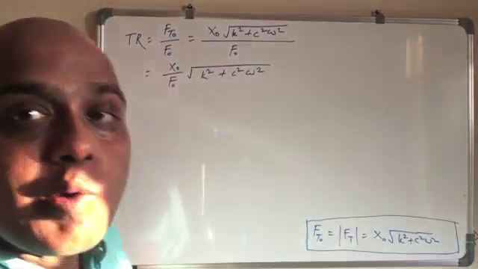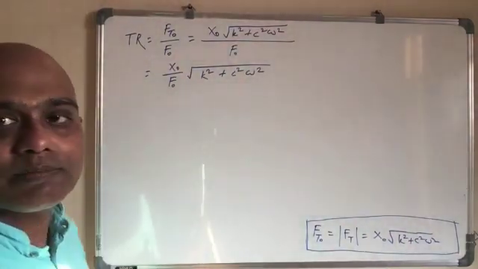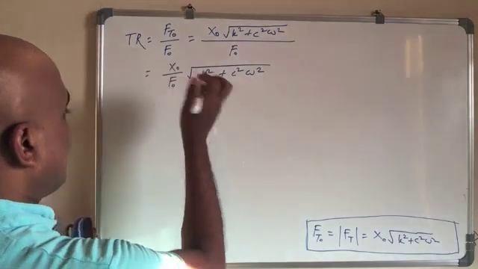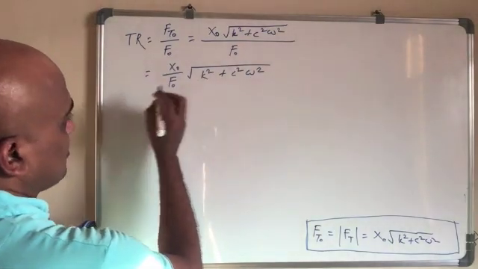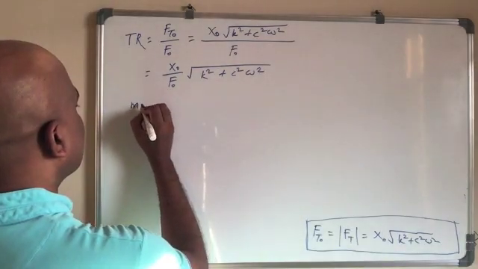What we need now is the value of X0. So how do we find X0? Either you can remember it or you can just work it out quickly. What is the equation we have?